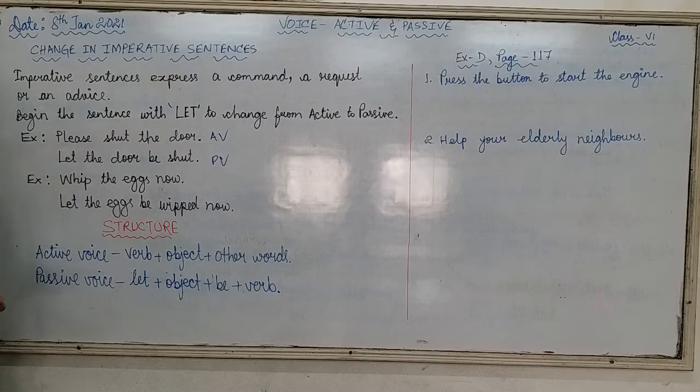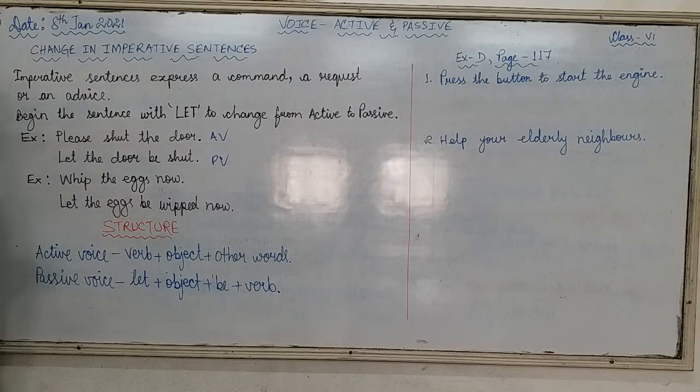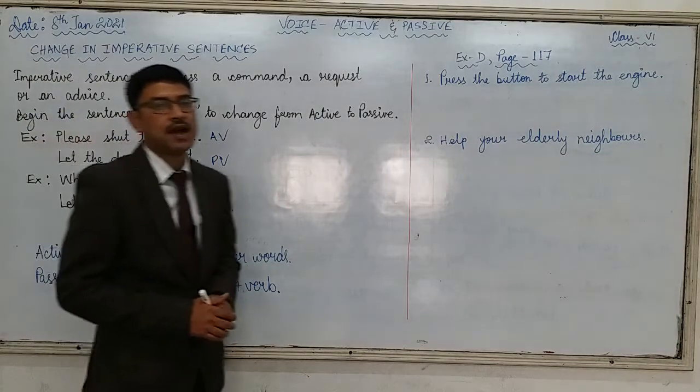Once again, you have to identify the verb shut, which is in its simple present form. So, please shut the door, let the door be shut. Next example: whip the eggs now. It will be: let the eggs be whipped now.